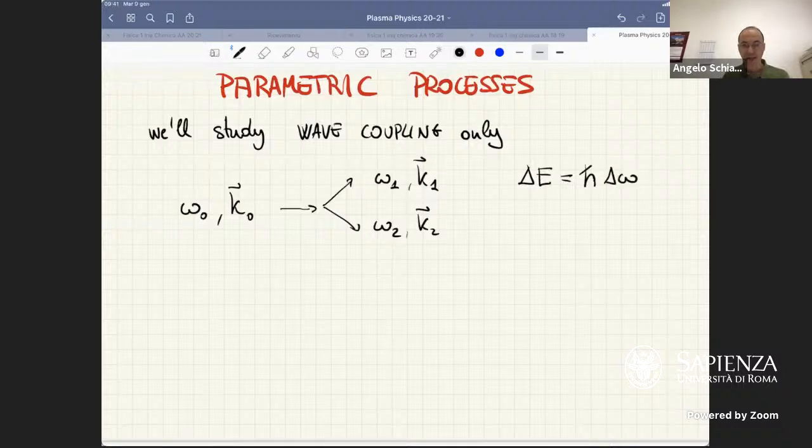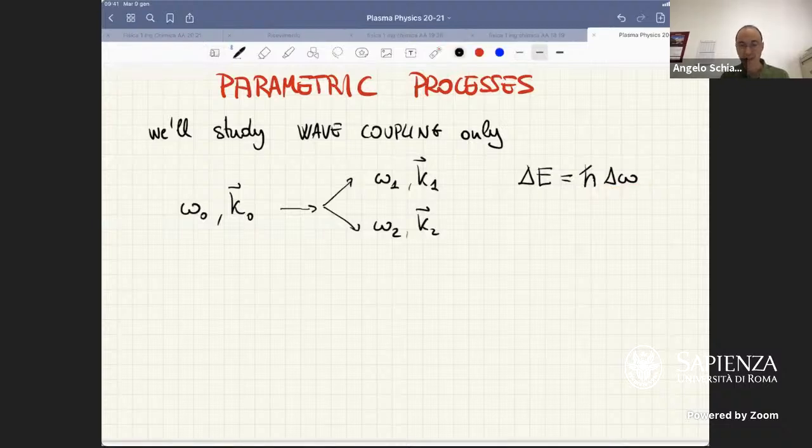So the quantum energy associated with a wave packet is h bar omega. And when we have an interplay between different waves, we say that there's an exchange in energy between two waves when the angular frequency of the wave changes.